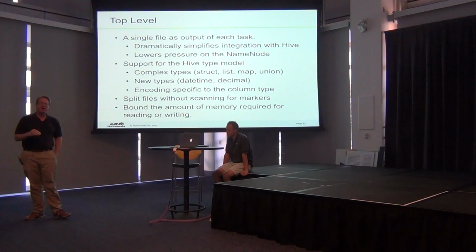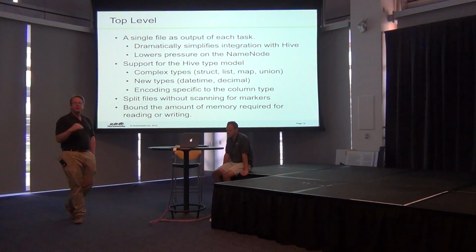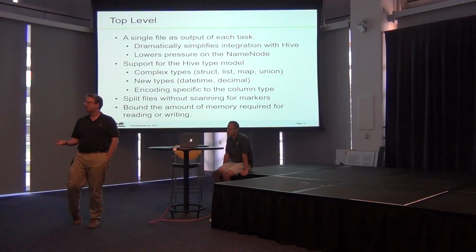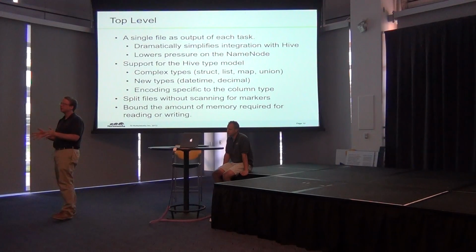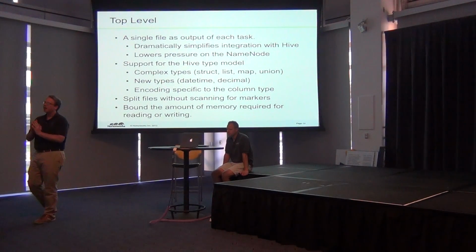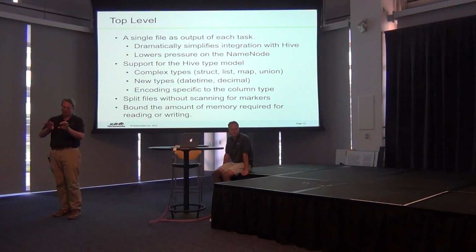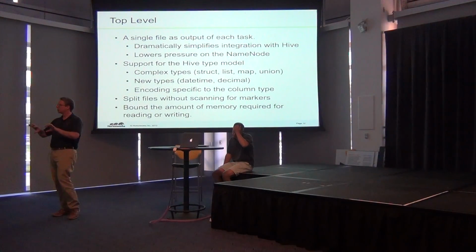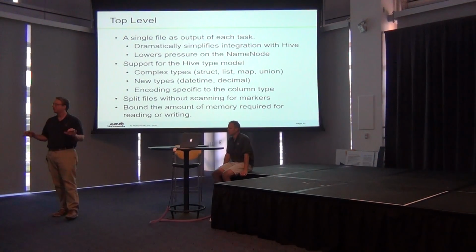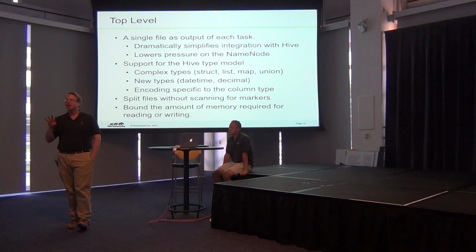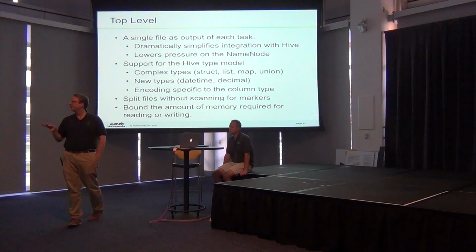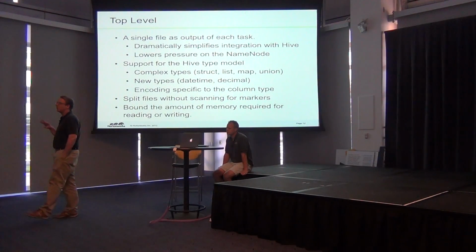And in order to do that, we wanted to take a very different approach from, say, RC file or sequence file, which treats each of the values as a binary blob. RC file will separate by columns, but each column is just a set of bytes, and it doesn't know what the types are. So we wanted to have type-specific encoders for each type.